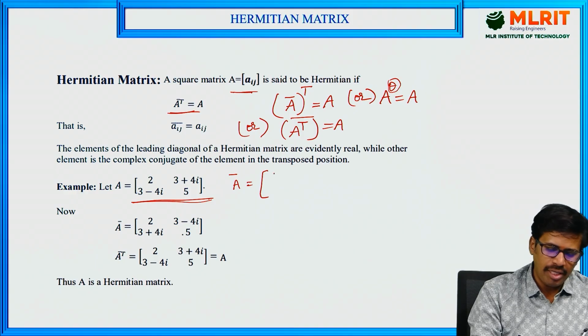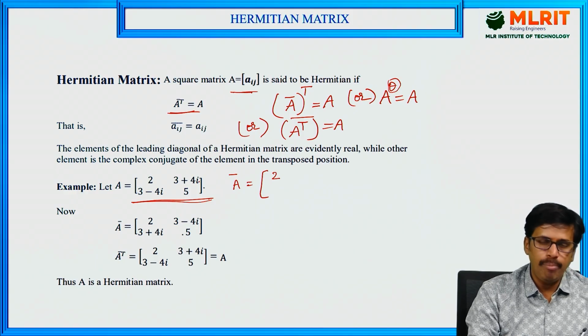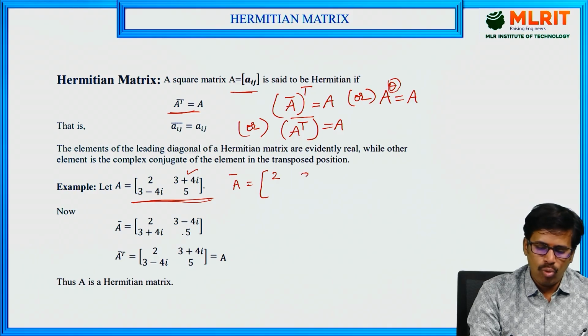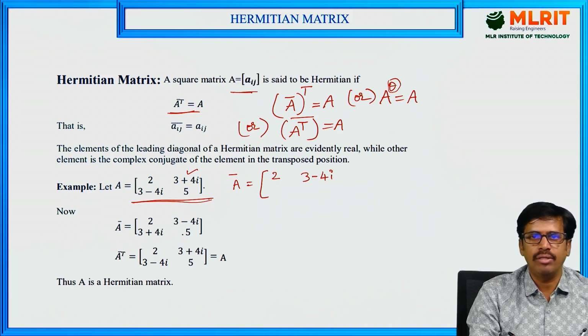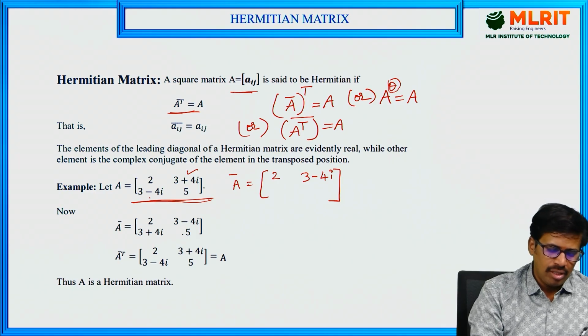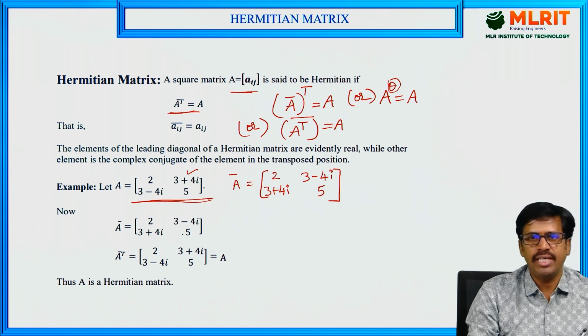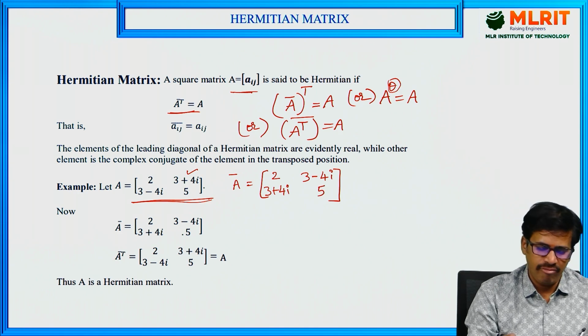Here real part is 2, write down as it is. 3 plus 4i. What is the conjugate of 3 plus 4i? Only change the sign of imaginary value, 3 minus 4i. Next, 3 minus 4i conjugate, 3 plus 4i. 5 is the real part, no need to change the sign of it, write as it is, 5.